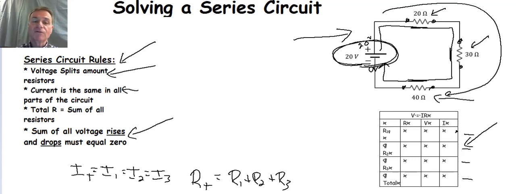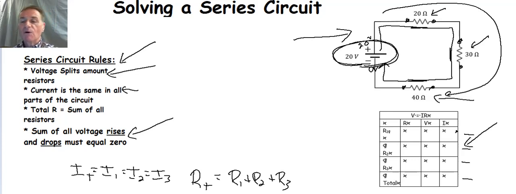The sum of all the voltage rises and drops in a loop or a circuit like this must equal 0, right? Well, I have a 20 volt rise in the battery here, and then I have voltage drops across each of the resistors, and those drops, when added up, have to equal the rise of the 20 volt battery.